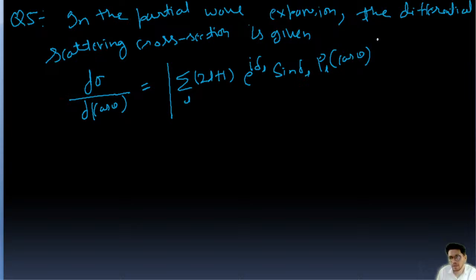Cos theta mod square. Okay, so this is the differential scattering cross section.